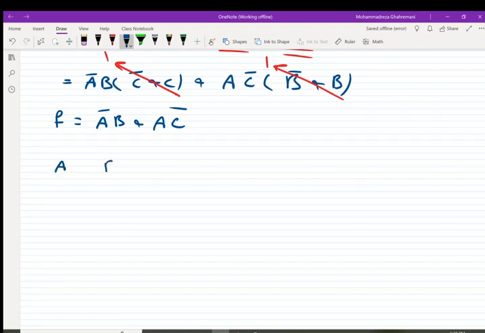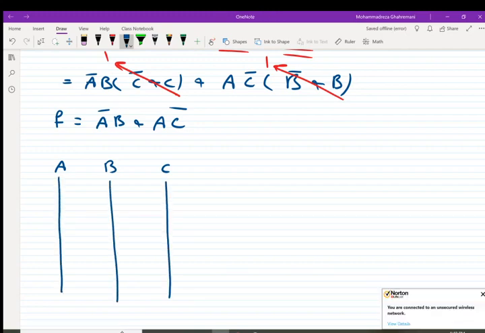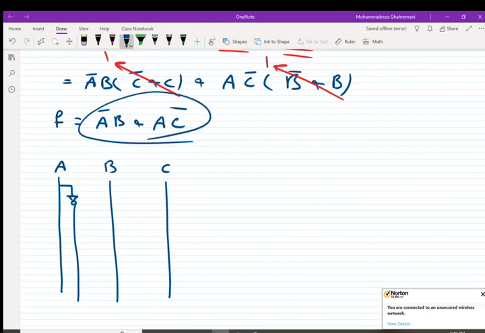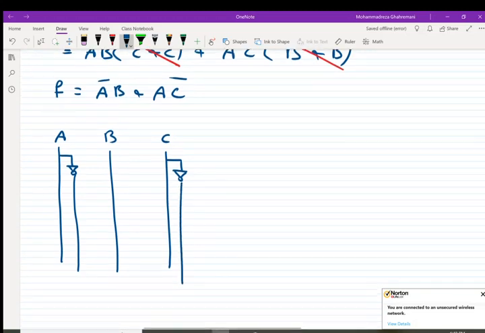So we have A, B, C. Here is A, here is B, here is C. We need the complement of A in our design, so we make it. We don't need a complement of B here, so we don't need to draw it. And we need a complement of C. We have it.